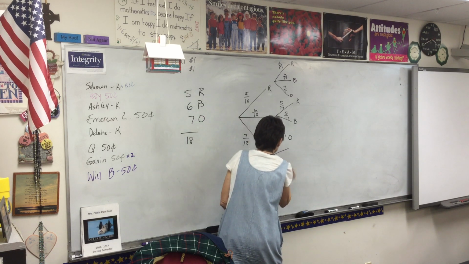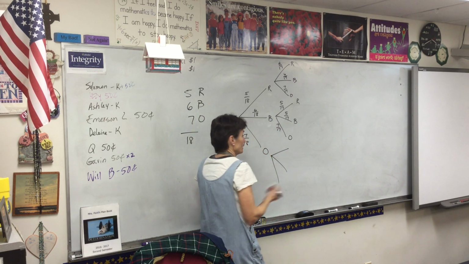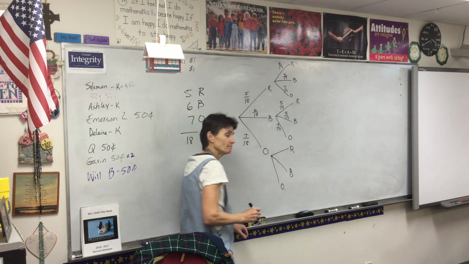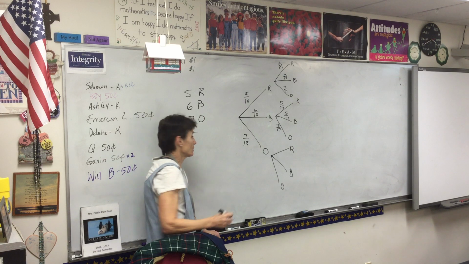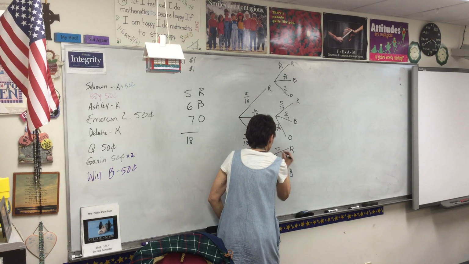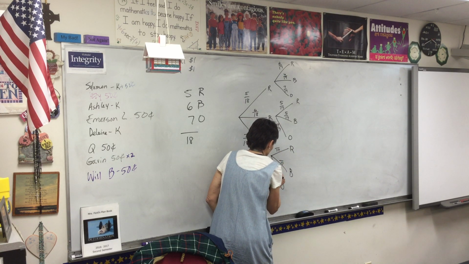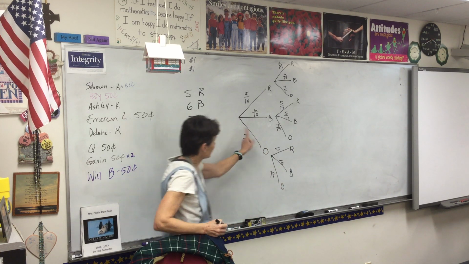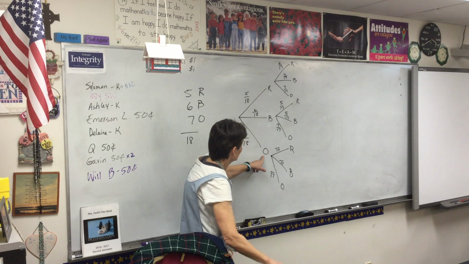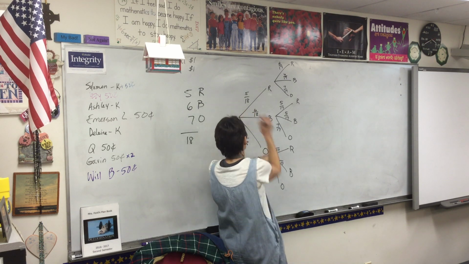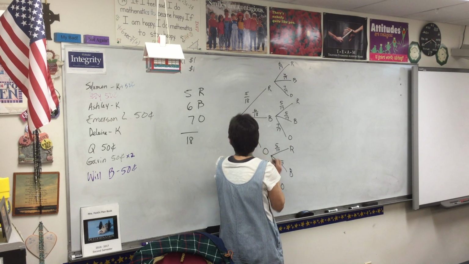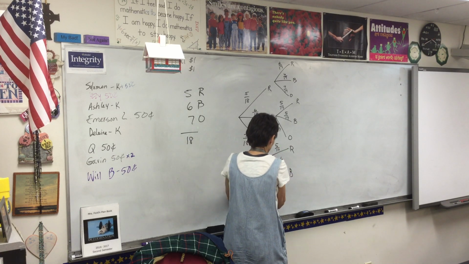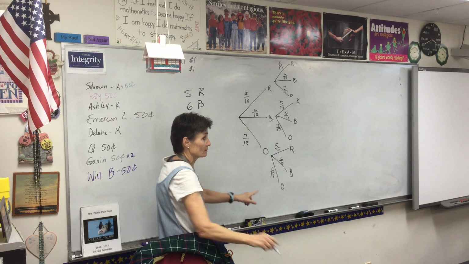Now what if I pulled out an orange first? I can still get a red, a blue, or an orange on my second draw. There's still 17 left. But I pulled out an orange. So how many reds are left? 5. How many blues are left? 6. And how many oranges are left? 6, because I pulled one out.